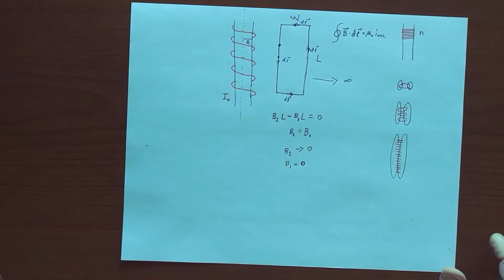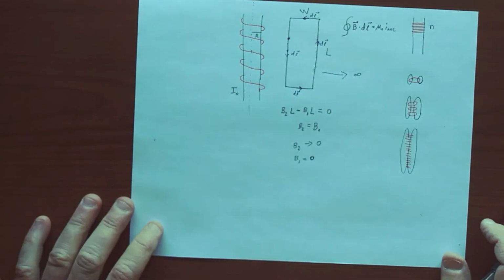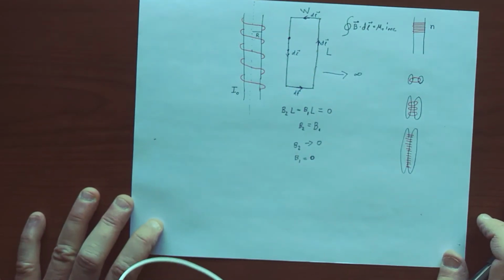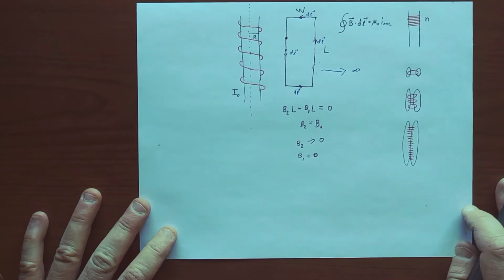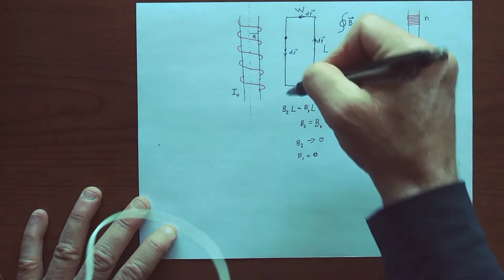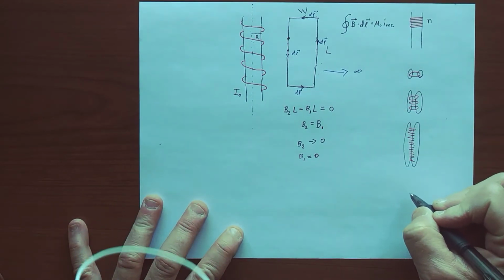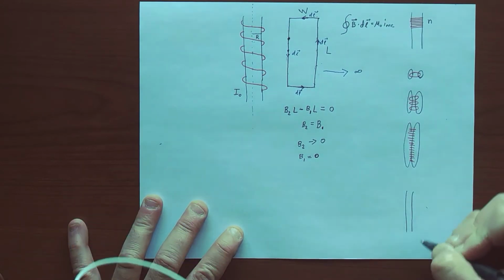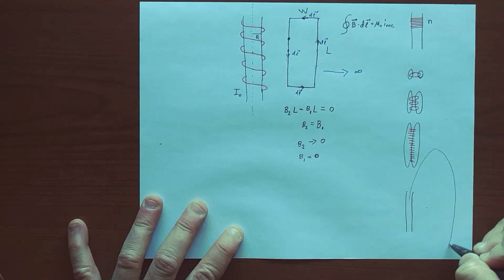So that means that the field outside the solenoid goes to 0 as I make the solenoid infinitely long. So there actually is no field out here, and we can get a sense of this by recognizing that the more I stack these to infinity, I'm making it harder and harder for the field to come back to itself.